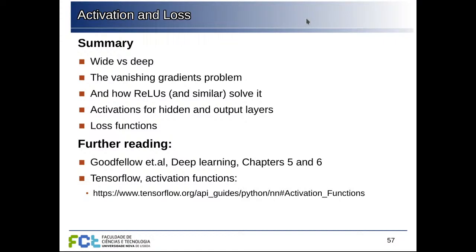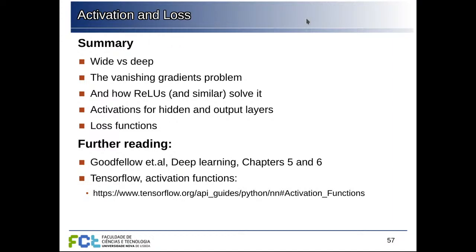However, this creates the vanishing gradients problem, and so we solve it by using activations in the hidden layers like rectified linear units or their variants to prevent saturation and loss of the gradient information.